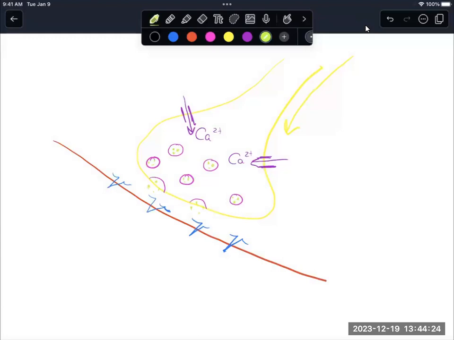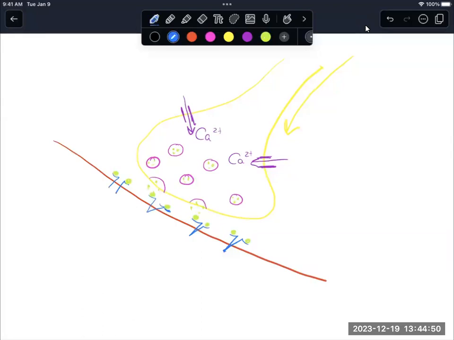This acetylcholine is going to bind to these ligand-gated channels. When this acetylcholine binds, it is going to open these channels.